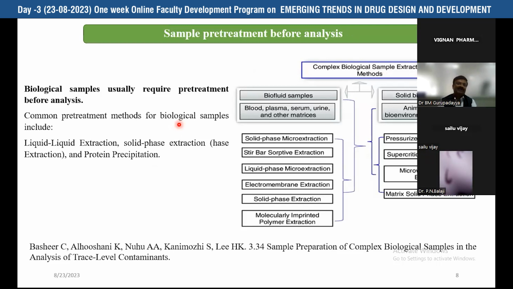the sample treatment is an important aspect where you are going for the quantification of the drug. I am going to call it the pre-treatment. As we are aware, a drug available in the market can be easily dissolved in a suitable solvent, and we can identify the drug concentration.